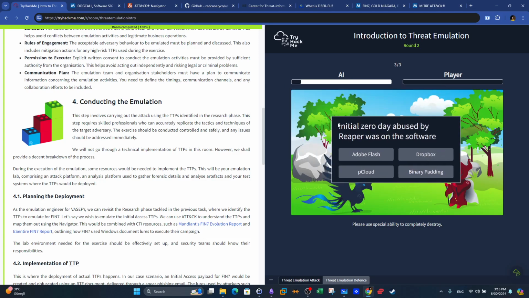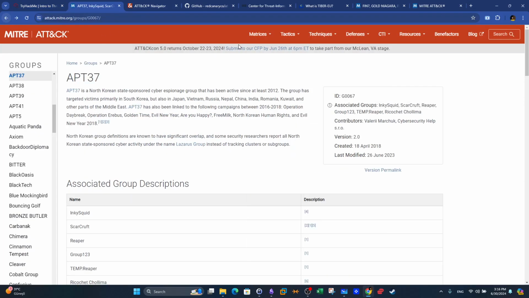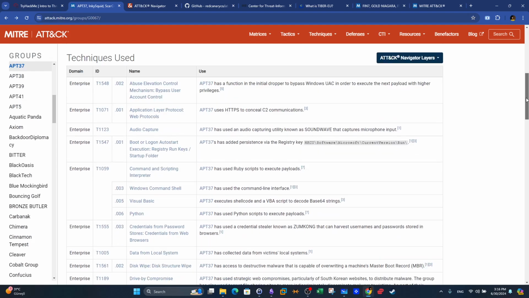Okay. Initial 0-day abuse by Reaper was found on the software. So which software was found to have a 0-day and was exploited by this group? It is one of these. You can find this in the Reaper page. Going back to Reaper. Let's see what software they exploited here. Open the navigator again.